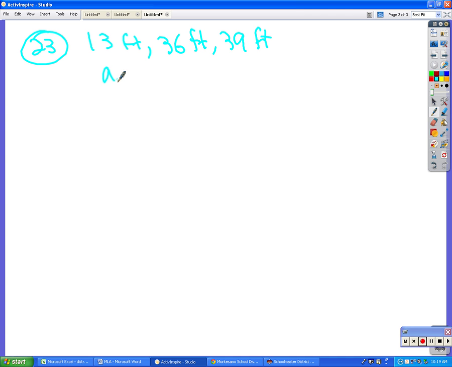Which one is your b? 36, and the c is the biggest one, or 39. So what I'm looking to find out is, does 13 squared plus 36 squared equal 39 squared or not? And if it does, then the answer is yes. Then we could use that in a right triangle. But if it does not, then the answer is no.